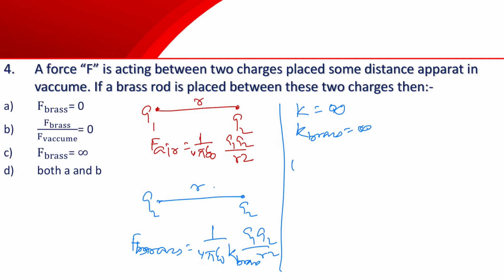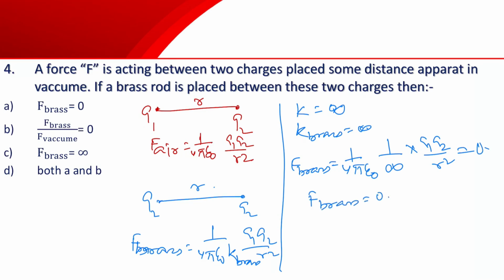So if we see, then F brass will be 1 upon 4 pi epsilon naught, 1 by infinity, into q1 q2 by r square, which equals 0. So F brass is 0.